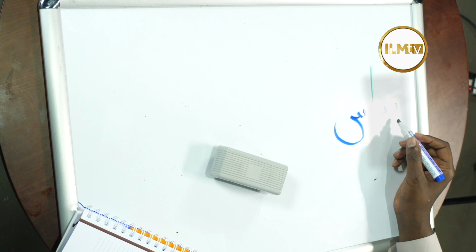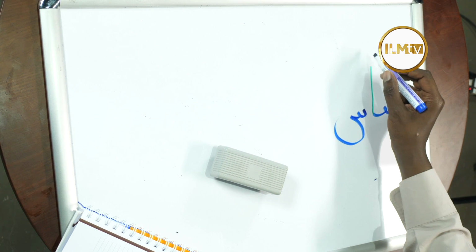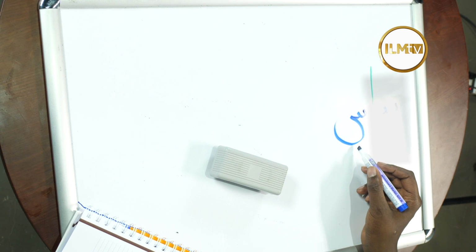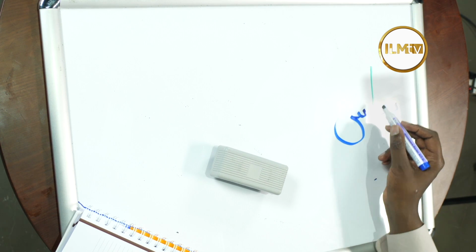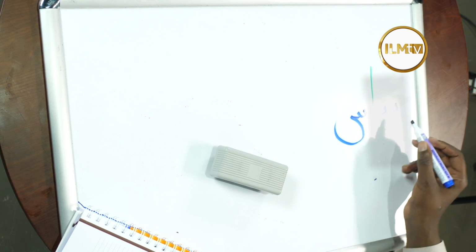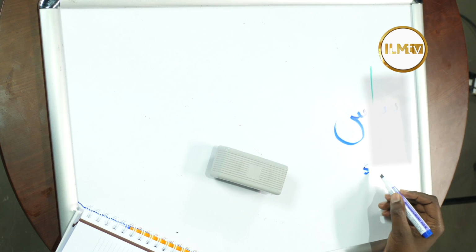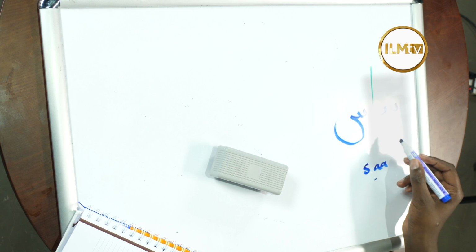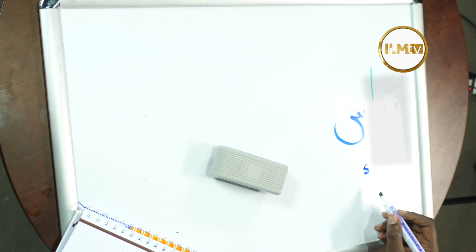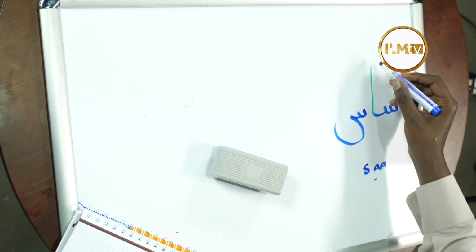We have S followed by A together, Sa. Then we add this one. It becomes Sas. So this is an S, an A, and an S. So it becomes Sas.